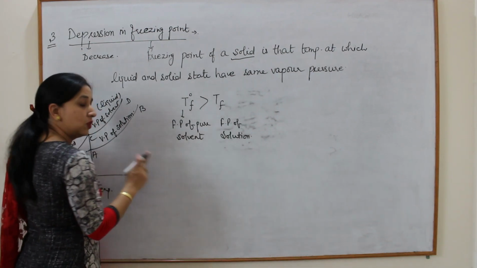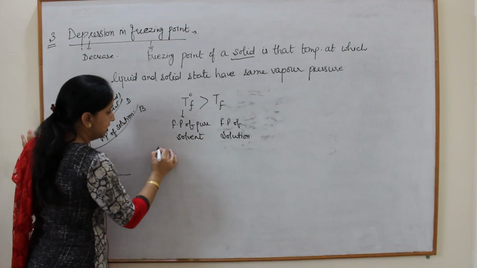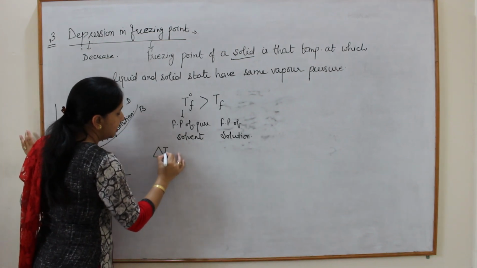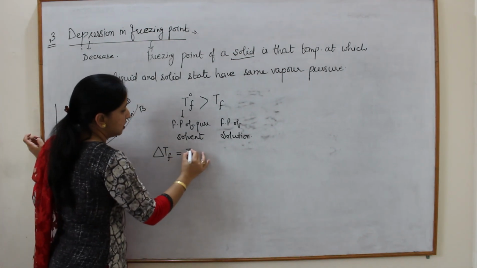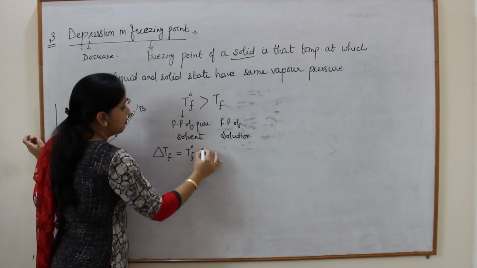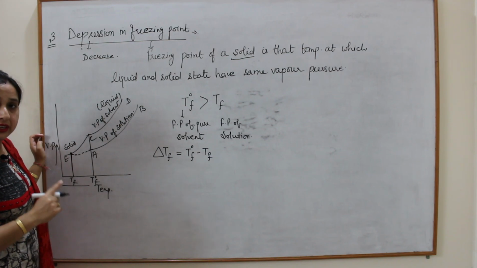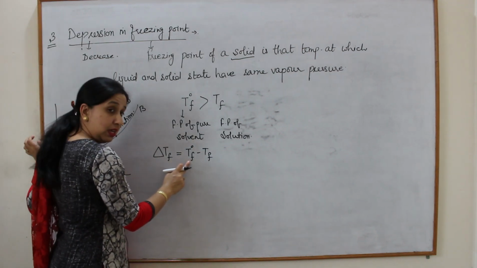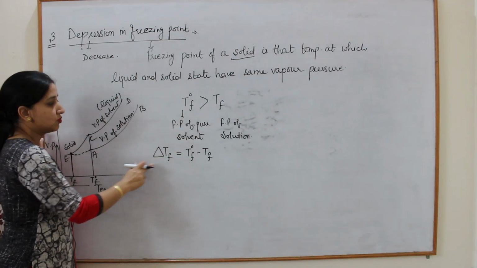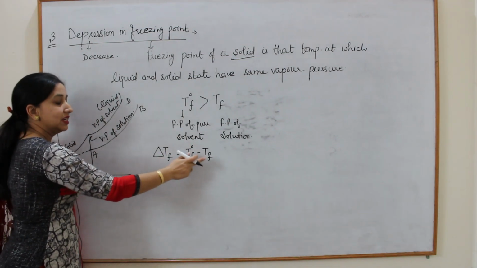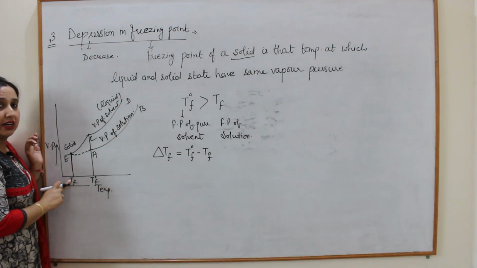So if we want to calculate depression in freezing point, means we will denote it as delta TF. So delta TF will be equal to T naught F minus TF. In case of boiling point it was TB minus T naught B, but in case of depression in freezing point it is T naught F minus TF, because T naught F is higher than that of TF.